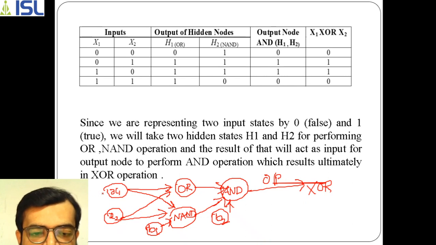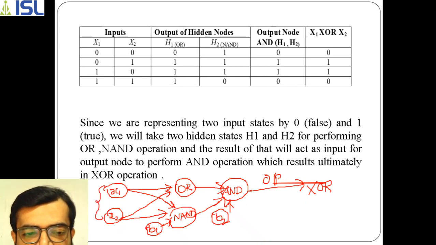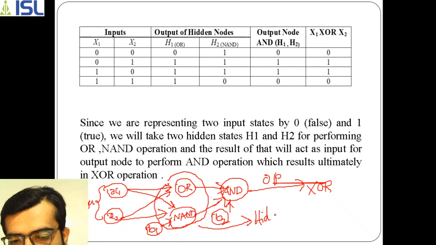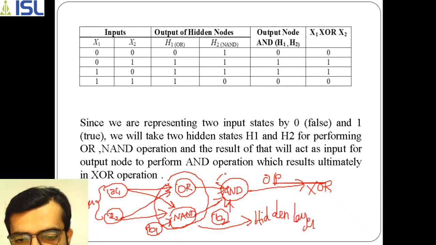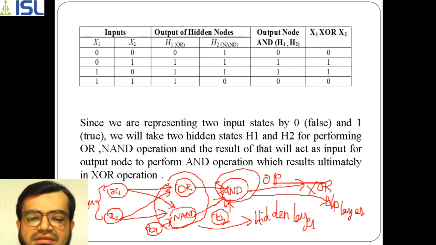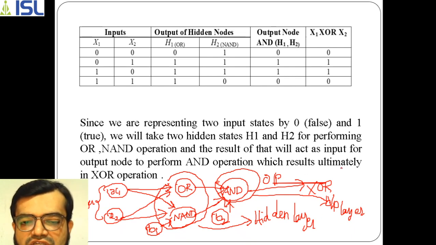So this is your input layer, this part is your hidden layer, and this is your output layer. Like this you are performing the XOR operation.